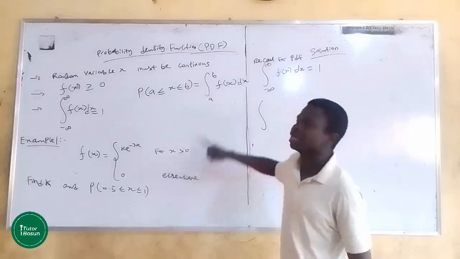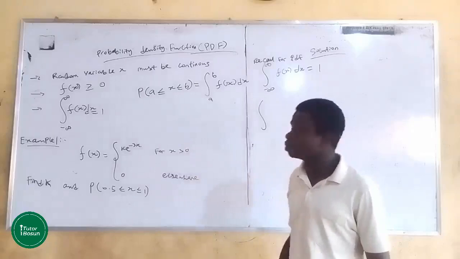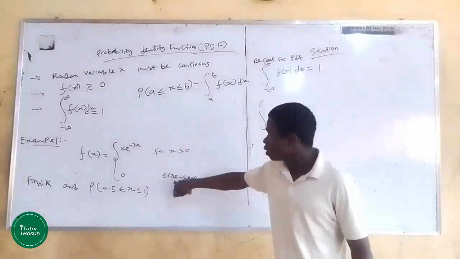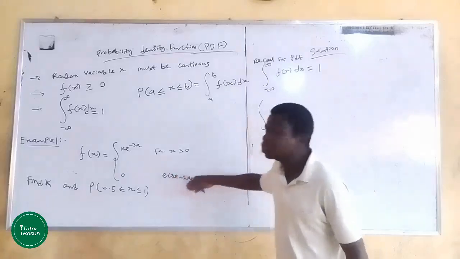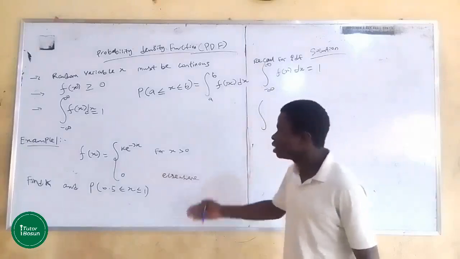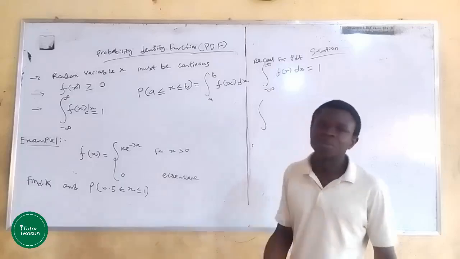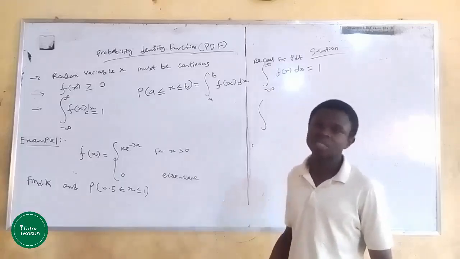Since it says greater than 0, we don't know where it ends. We don't know if it is 1,000 or 1 million. And this one says elsewhere, that is, for boundaries where x is not greater than 0. Then that will definitely be from minus infinity to 0.